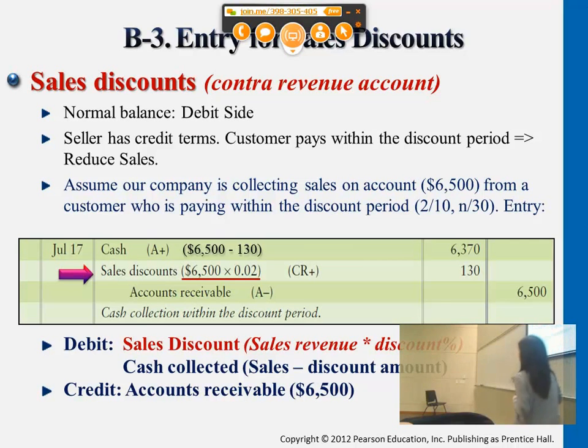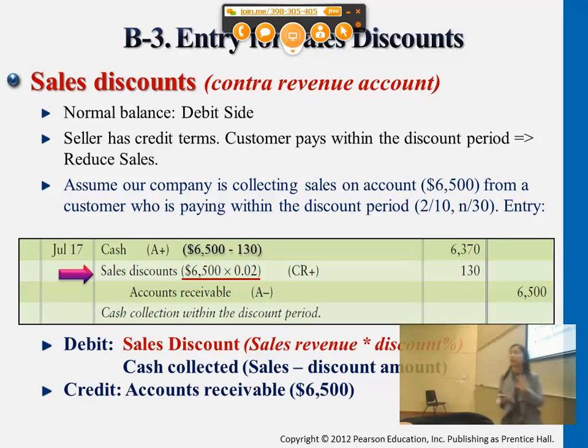Okay, so in this case, you'll see sales discount $130 listed. Remember again, at the end, under the income statement, you'll see sales revenue first, then returns, allowances, and sales discounts listed underneath it. These two amounts will be deducted from sales.